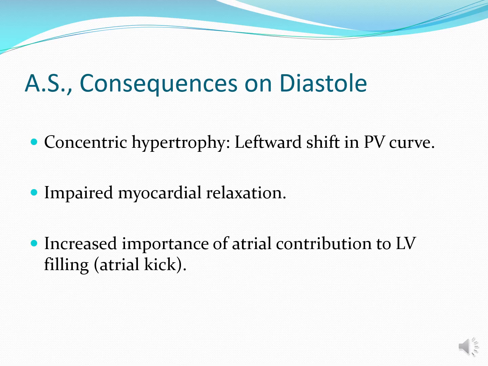This stiffer ventricle, we call it a leftward shift in the pressure volume curve, as compared to what we'll see later on as a rightward shift in the pressure volume curve. And of course, due to the higher pressure generated by the myocytes, relaxation will be impaired, including the reuptake of calcium in early diastole.